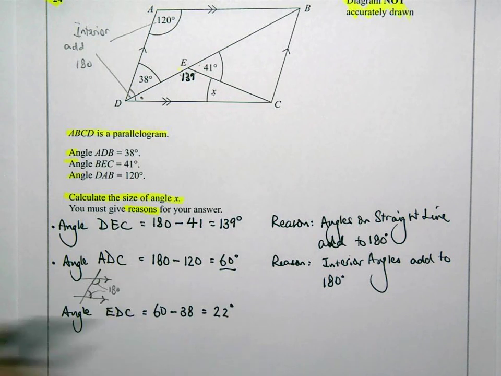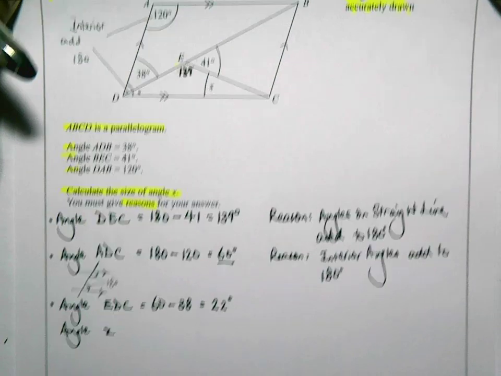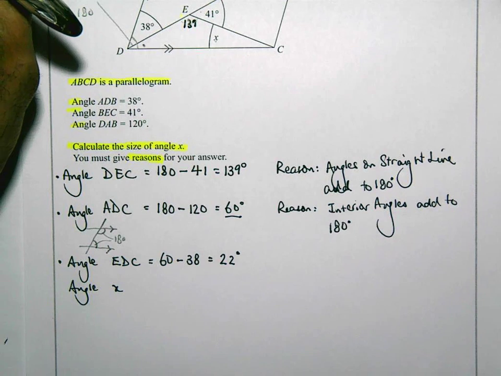That's 22 degrees. So now I'm almost at the stage where I could work out X. So angle X, well, angle X is in this triangle, triangle EDC.